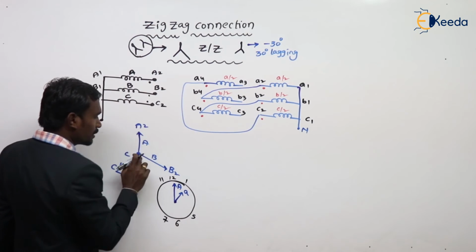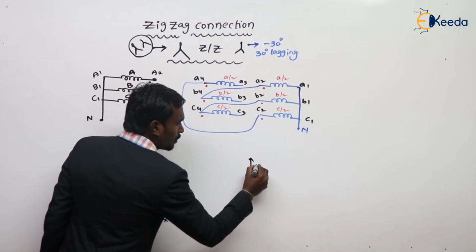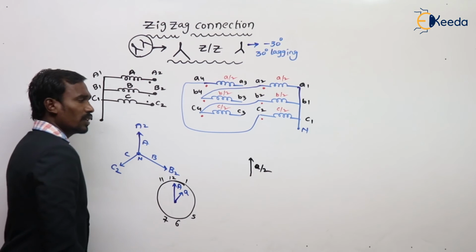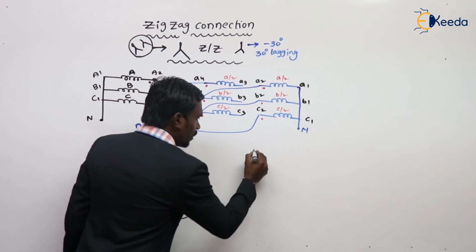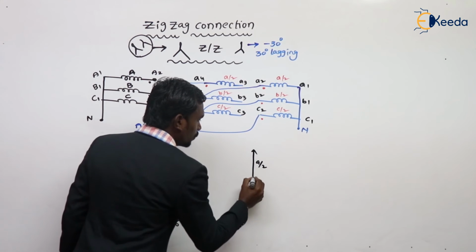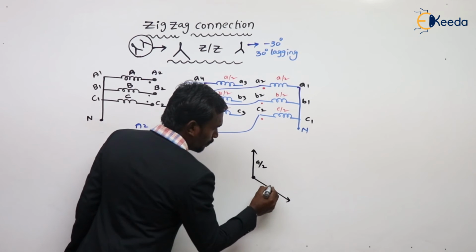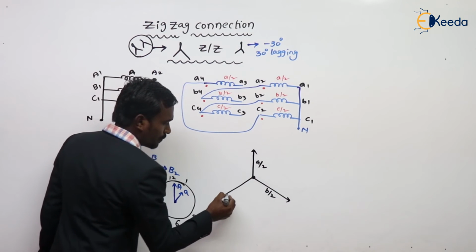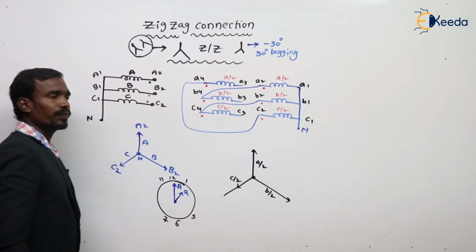So in additive polarity, that's why A is here and here also A. This is A by 2. This is A by 2, in upwards. A by 2 and B by 2 and C by 2.